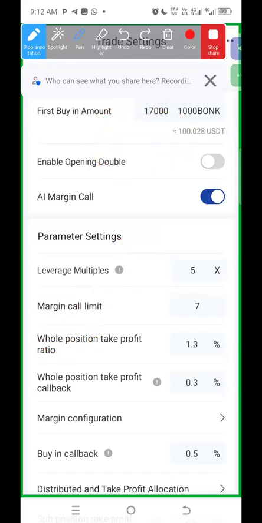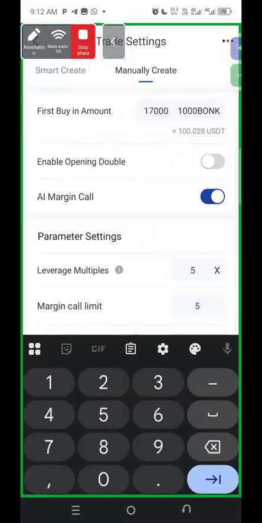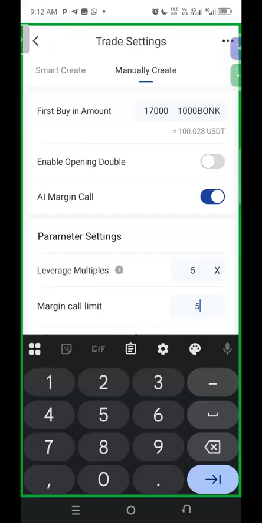So let's get back here. I'm going to open, let's say, where is it? So over here, I'm going to open 5 margin calls. Now, the futures market, my advice is do not be too eager about opening too many margin calls on the futures market.